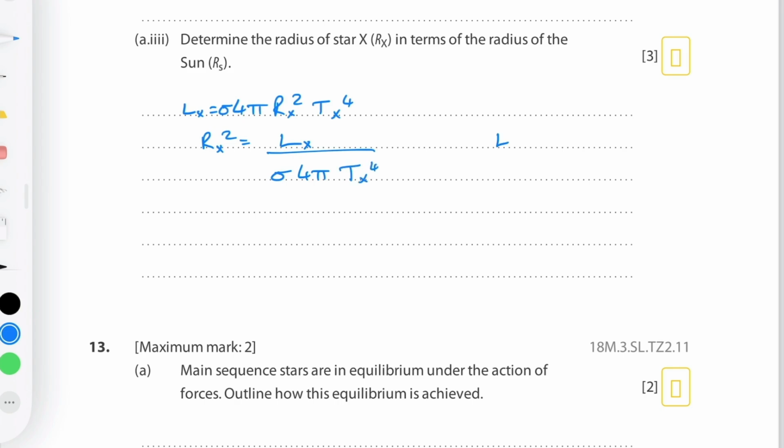So the luminosity of X is equal to 30 luminosity of the sun, and the temperature of X is equal to 10,000 Kelvin, which is 1.69 times the temperature of the sun. So we can substitute this in, 30.